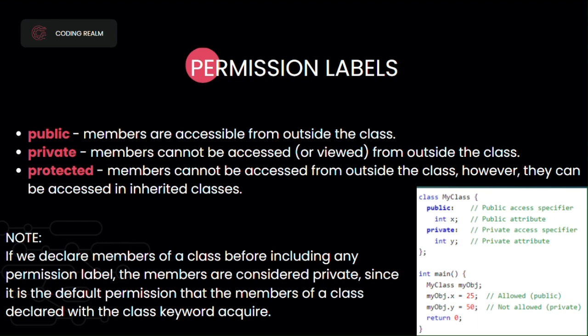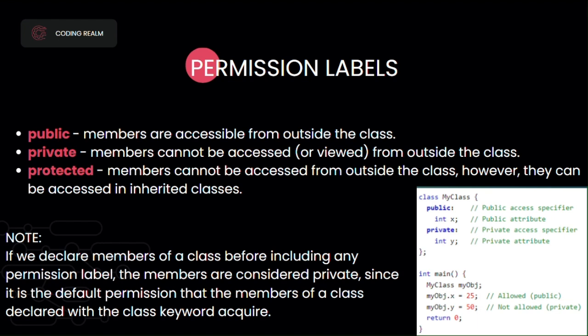We will show inheritance in object-oriented programming in the next video. Note, if we declare members of a class before including any permission label, the members are considered private, since it is the default permission that the members of a class declared with the class keyword acquire.